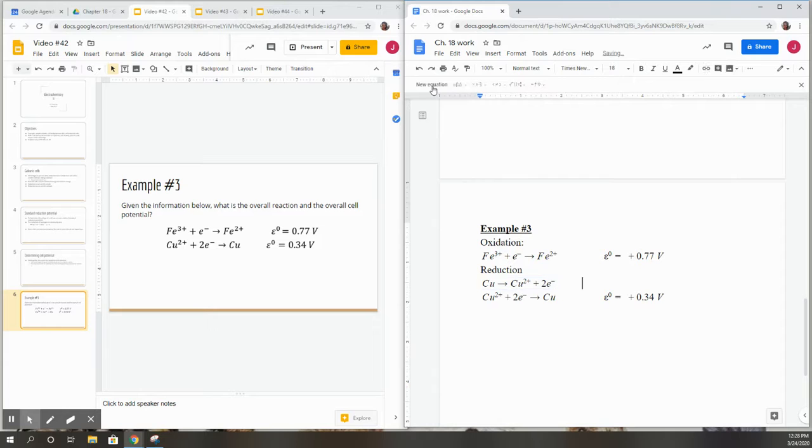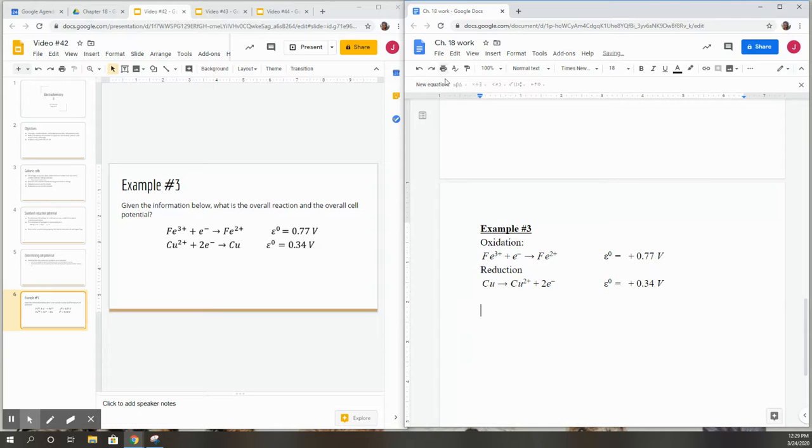And my new E cell is just the negative of that. So I have to pick one to reverse.